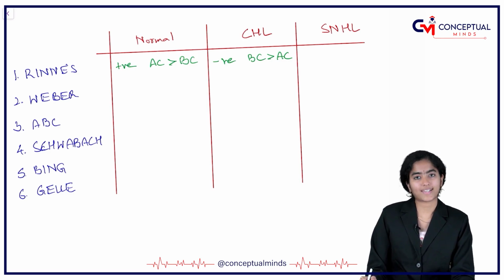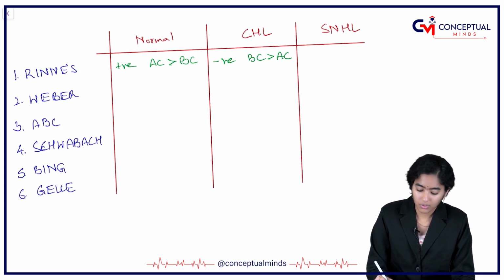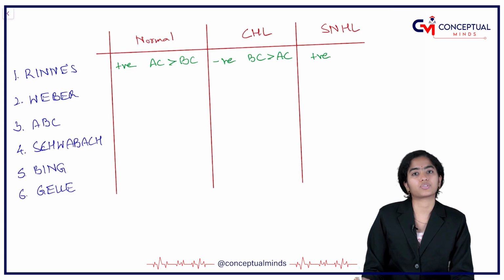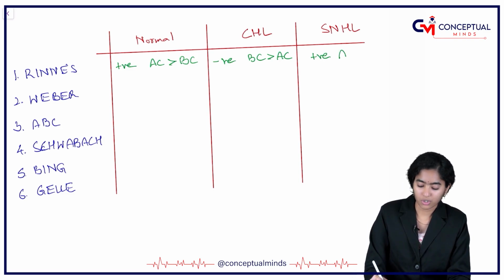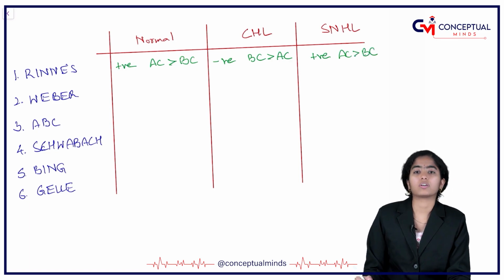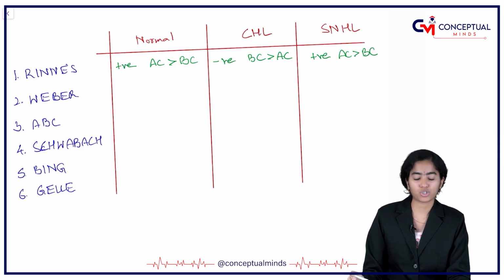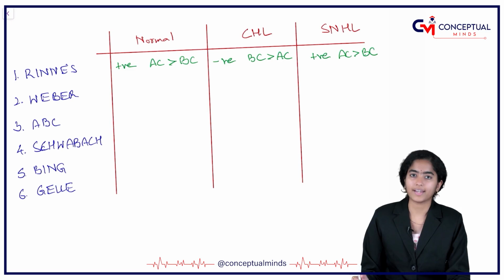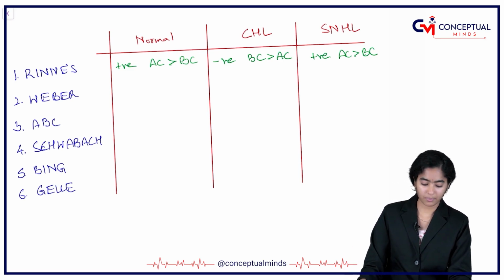If the patient is having sensorineural hearing loss, then also Rinne's is positive. Because here also air conduction is better than bone conduction. When the sound is traveling via air through the middle ear, there is amplification of sound and the patient happens to hear better via air conduction than bone conduction. This is about Rinne's. Very simple and easy.